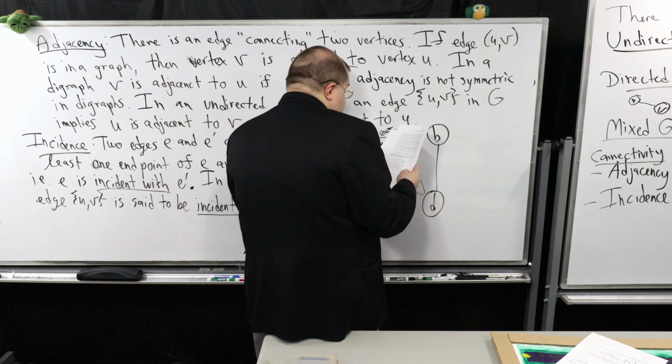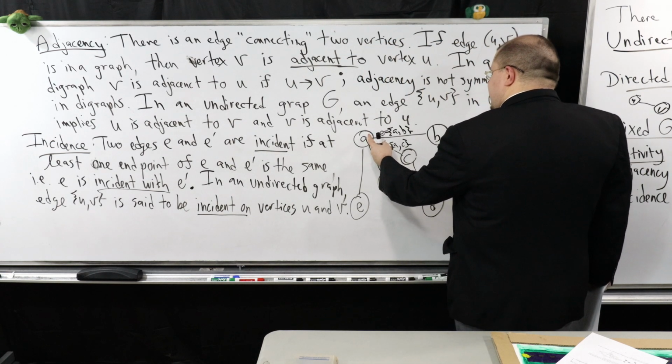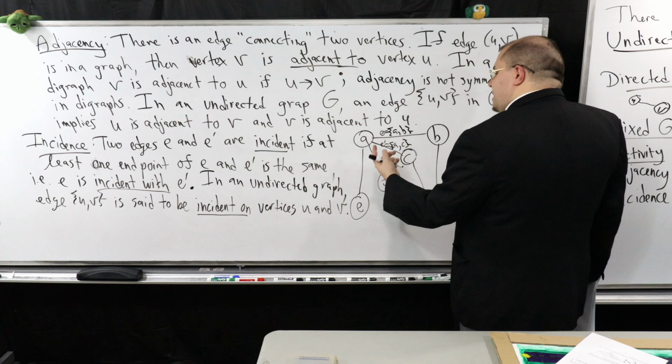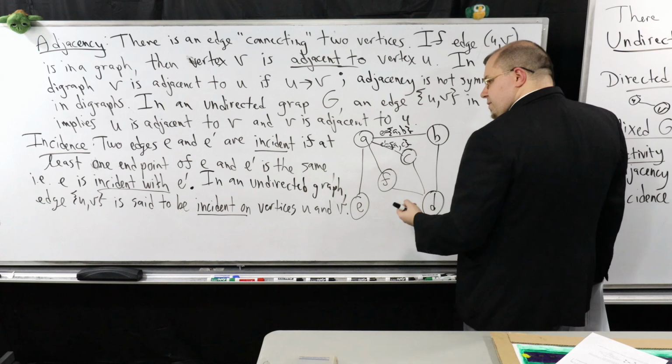So for example, if I have this edge with the endpoints A and F, I would say that this edge is incident on A and F.